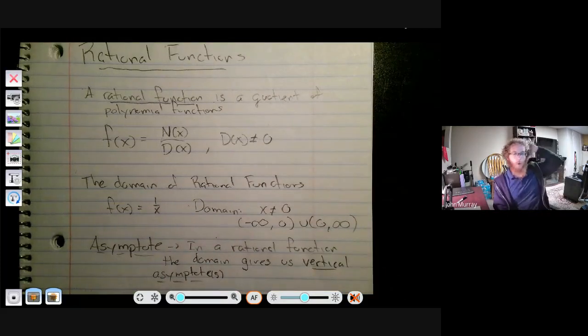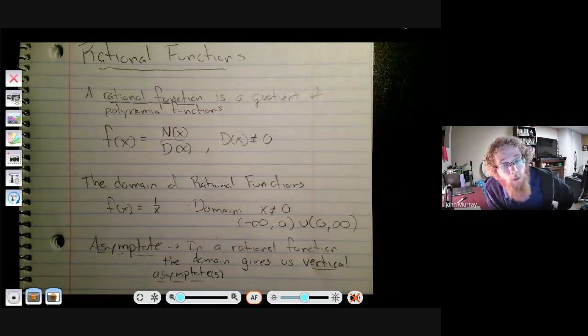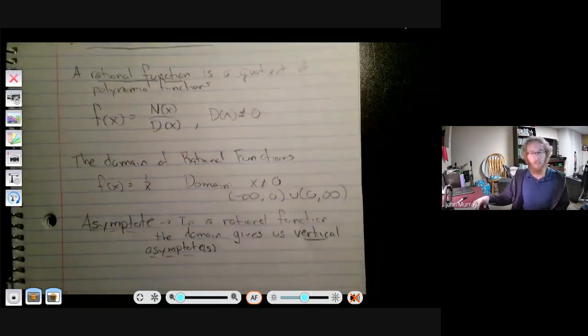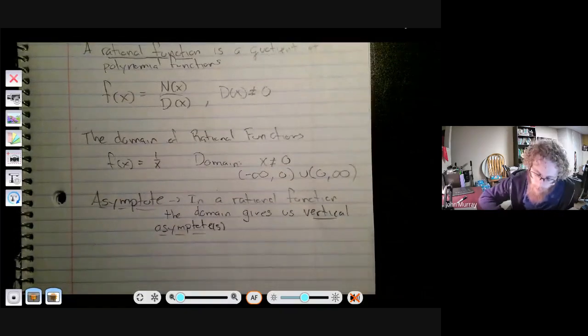Okay. So every rational function will have at least one vertical asymptote, all right? And that is found from the domain. So going back to when we did, what was it? End behavior.